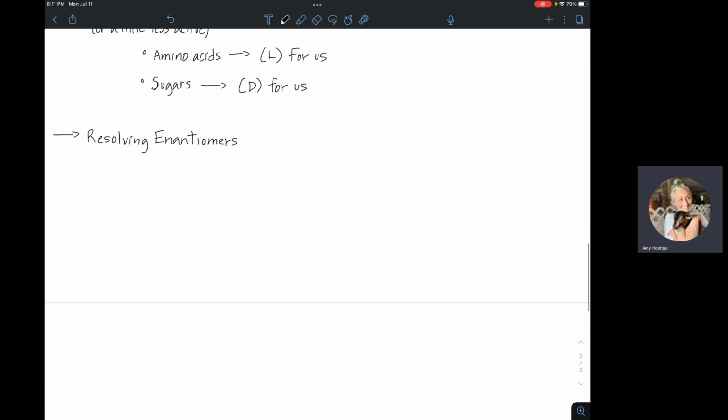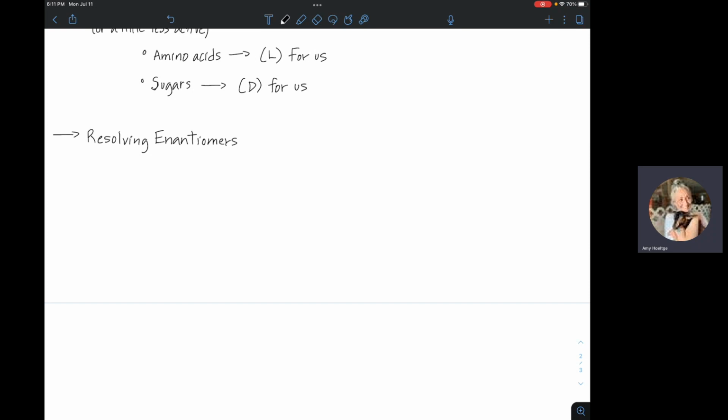So what we can do is allow a racemic mixture to react. A 50-50 mixture of enantiomers is a racemic mixture. And we can allow that mixture to react with a chiral molecule.